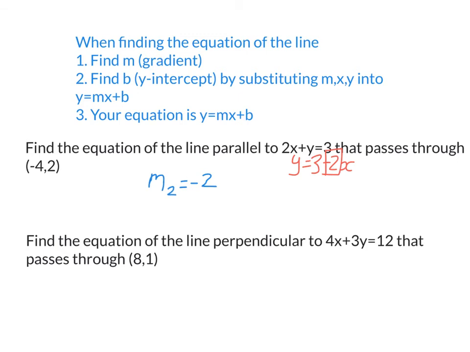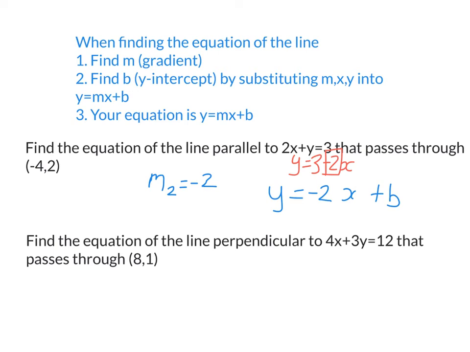Step 2 says I need to find b, the y-intercept of this second line. So I take my equation y equals mx plus b, and I substitute. I'm going to substitute m for minus 2, which I just found. To substitute x and y, I take that from the point.